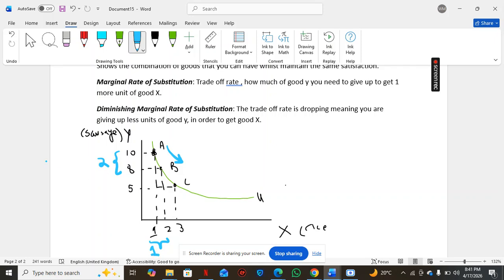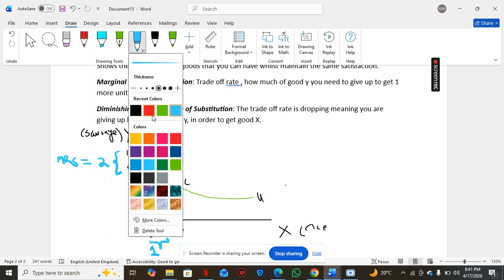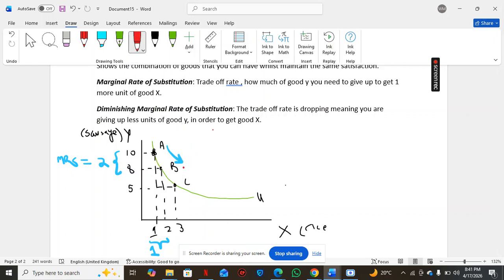So your marginal rate of substitution, MRS, is 2. Given up 2 sausages to get 1 bag of rice. If we move from point B to point C, from 8 sausages you have now gone to 5 sausages. Your marginal rate of substitution is now 3 because you have given up 3 sausages.